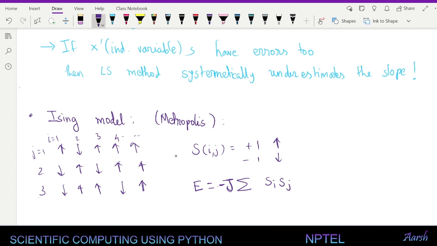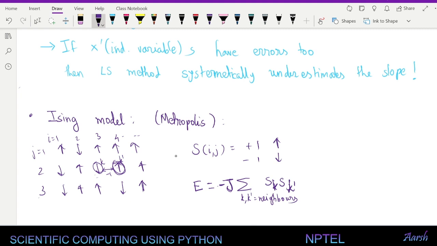I should not write S_i S_j, since i and j are indexes for x and y. Maybe I can say S_k and S_k', such that k and k' are neighbors. For example, if this is your k and this is your k', then this product will be minus 1. You do that for each neighboring pair, and then take sums.